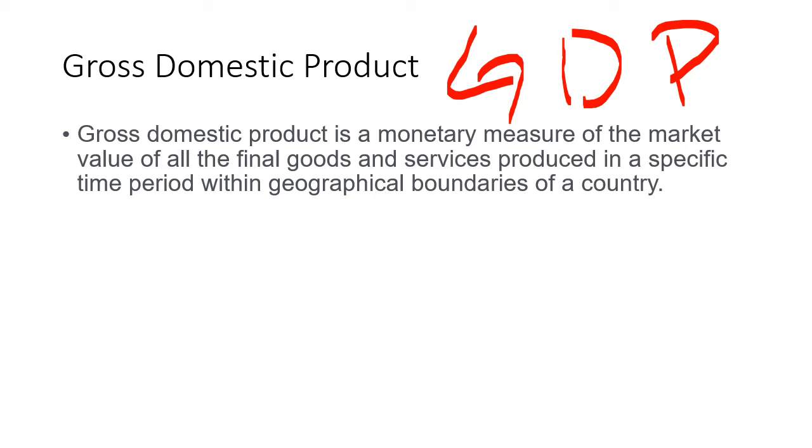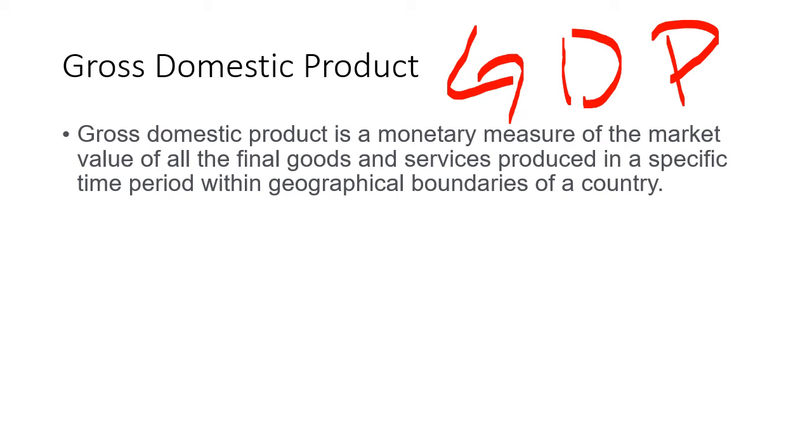Whatever they are producing in Pakistan within a specific period of time will be included in the GDP of Pakistan. Similarly, if a Pakistani company is working outside Pakistan, or if a Pakistani citizen who is working outside and producing something in a foreign country, that will not be included in the GDP of Pakistan. For example, let's suppose a Pakistani is working in UAE and he is earning something.